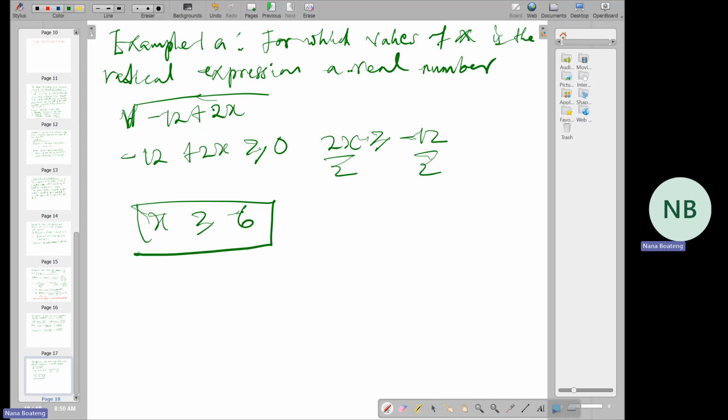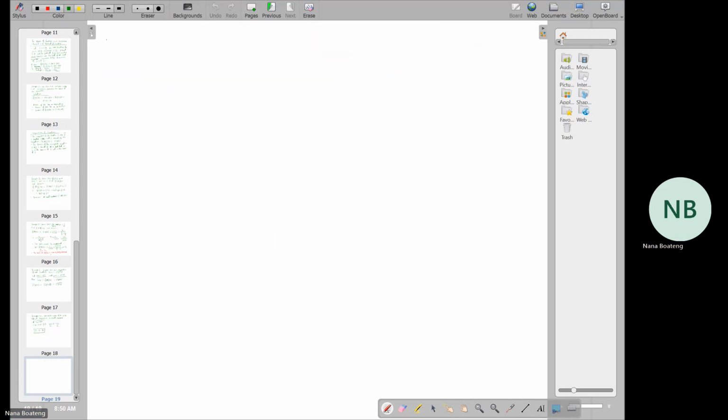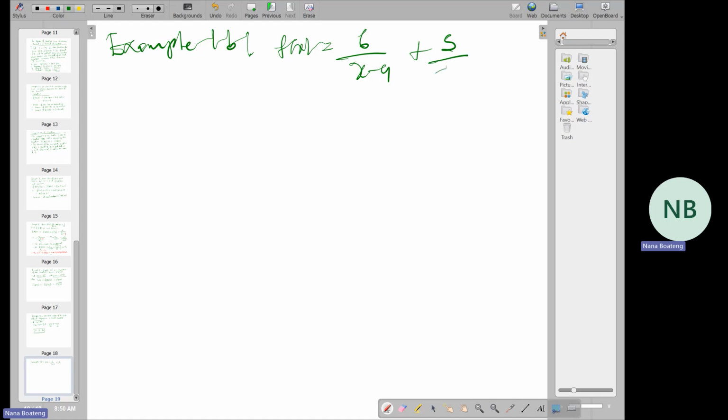All right, so let's also look at example 1b. Example 1b says f of x is equal to 6 divided by x minus 9 plus 5 divided by x minus 7.